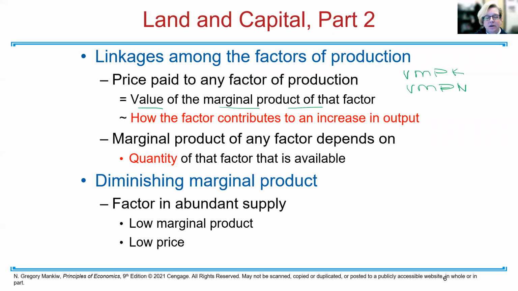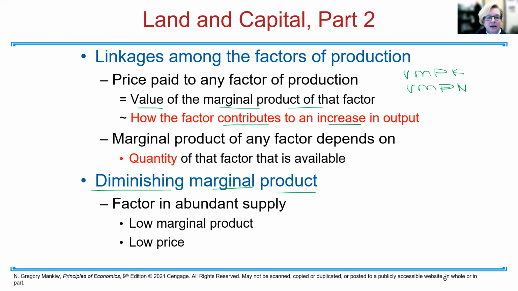Then we look at how much that factor contributes to our increase in output. Just as we saw the law of diminishing returns in terms of labor, we can also see diminishing marginal product in terms of the contributions. I'm going to show you that in just a moment.